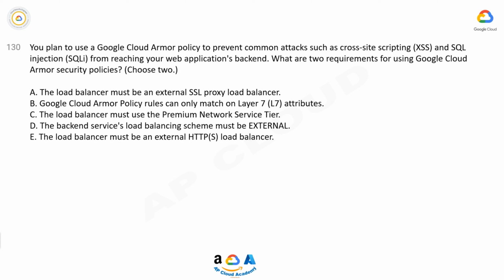B. Google Cloud Armor policy rules can only match on Layer 7, L7 attributes. C. The load balancer must use the premium network service tier. D. The backend service's load balancing scheme must be external. E. The load balancer must be an external HTTPS load balancer.